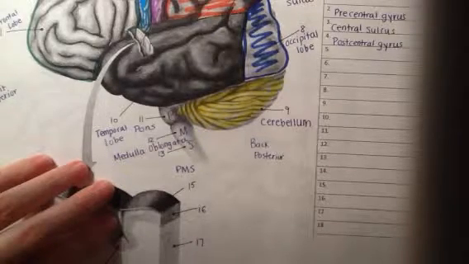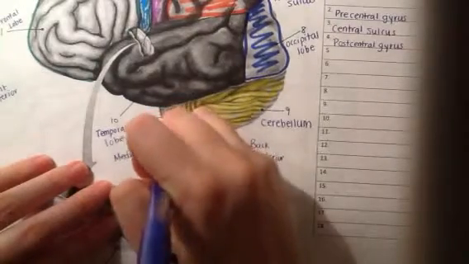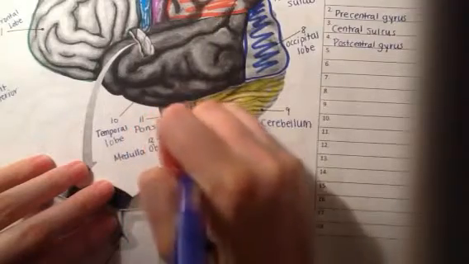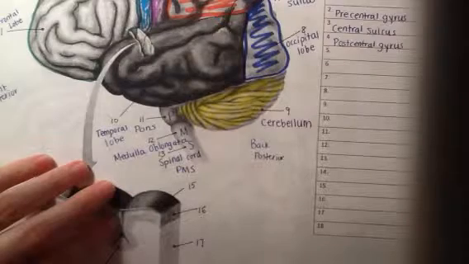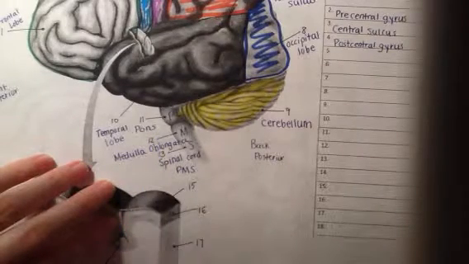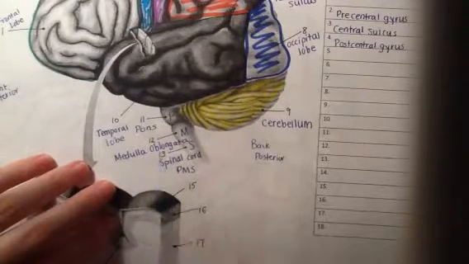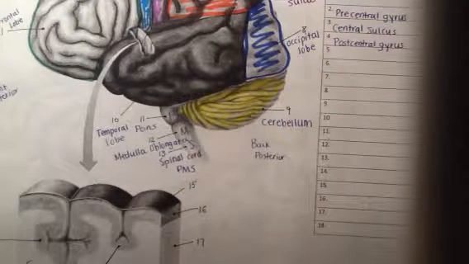And 13 is your spinal cord. Just the beginning part of it. And it will extend all the way through your vertebral column. But you can remember it, PMS, pretty easy. Pons, medulla oblongata, and spinal cord.